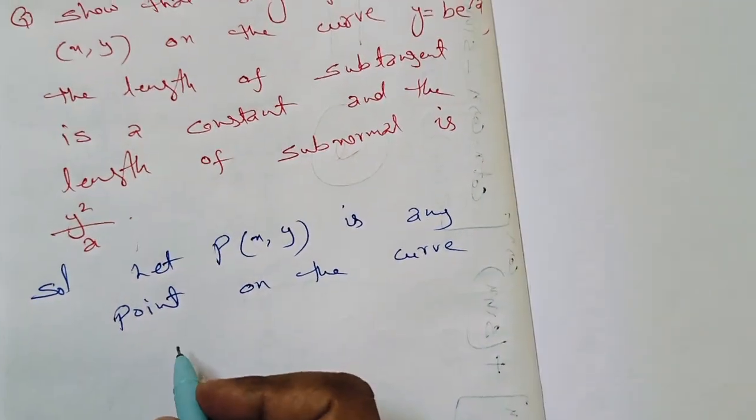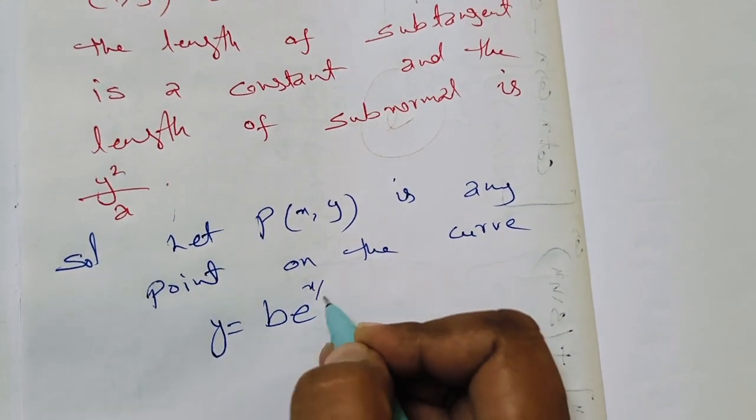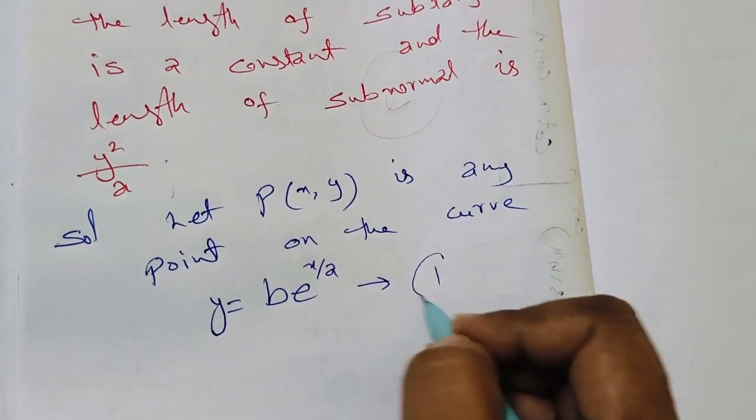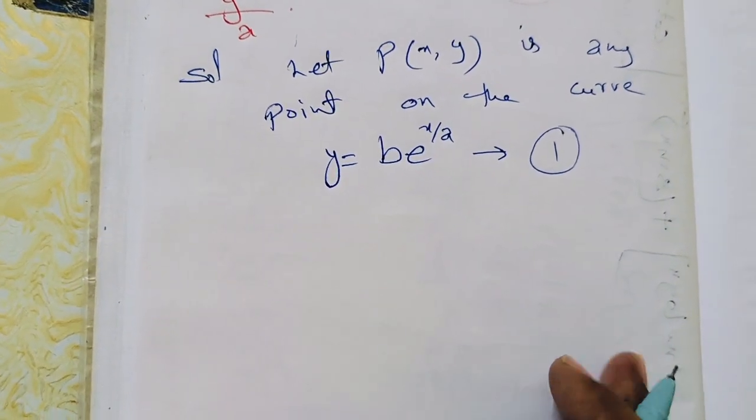The given curve is y = b e^(x/a). Take it as 1. Now differentiating 1 with respect to x.